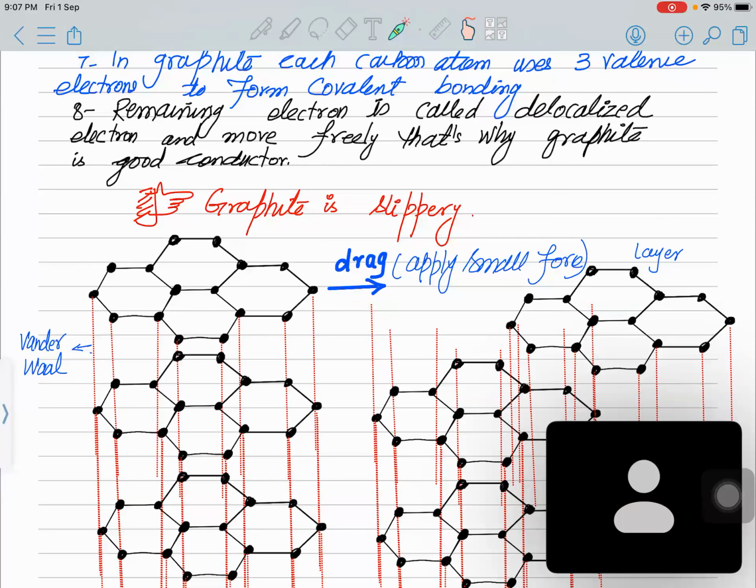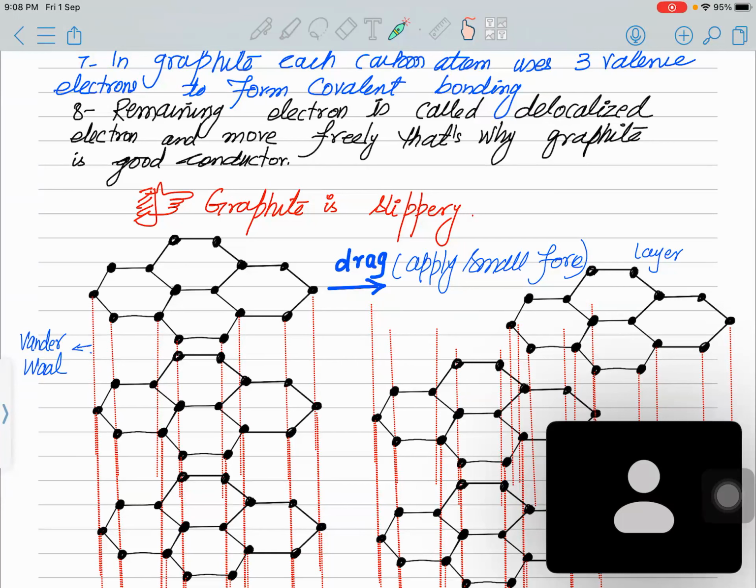In graphite we have weak intermolecular forces, known as van der Waals forces, but in diamond we have covalent bonding throughout the structure. That's why they have different melting points, right?